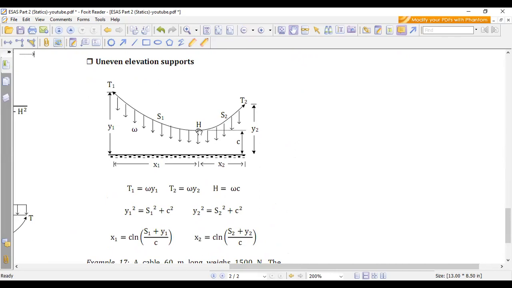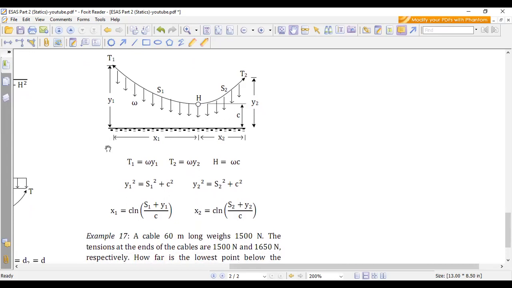The distance from the lowest point to the reference ground is denoted by C. And then we have these variables and equations that we can use to calculate unknown variables for catenary cables.